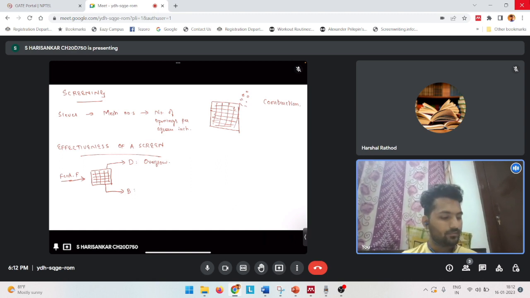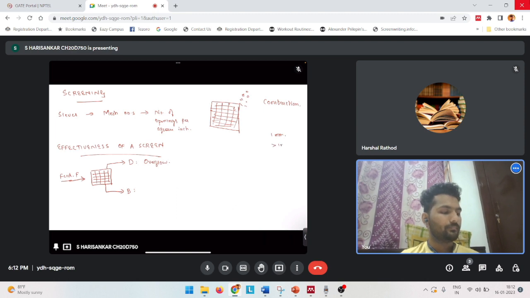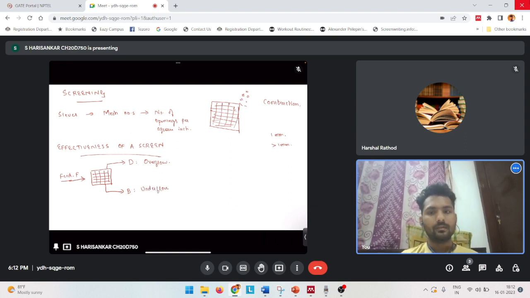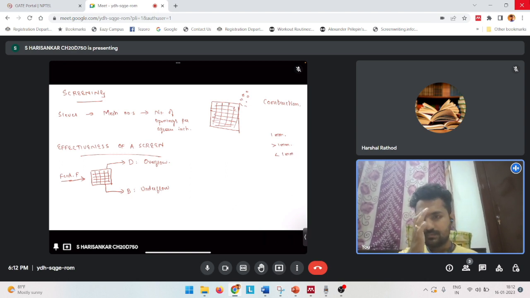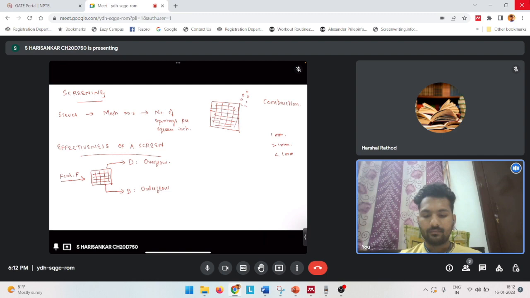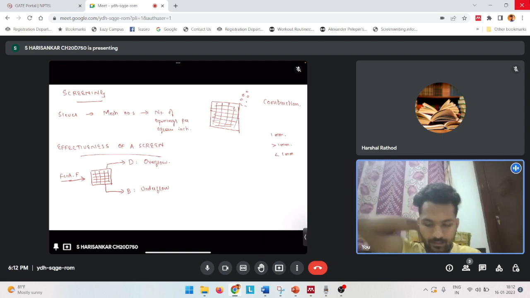So let's say if the screen size is 1 mm, the size of the particles in the overflow will be greater than 1 mm. Conversely, B is called underflow, and in the underflow, the size of the particles will usually be less than 1 mm. So this is the feed F, and we have the overflow and the underflow, D and B respectively.